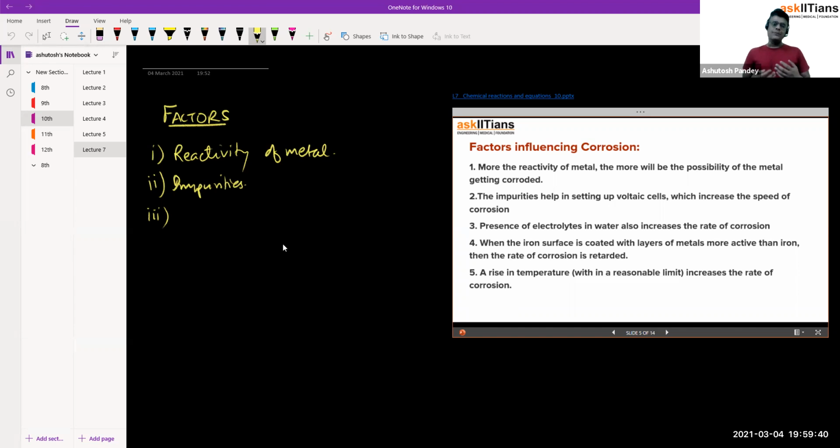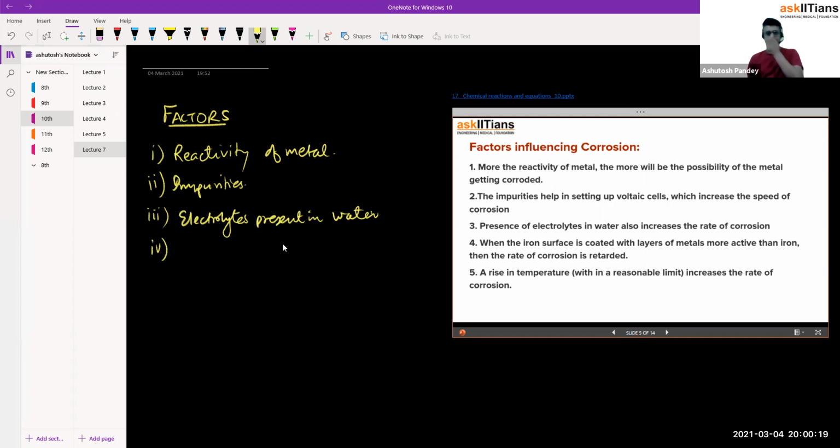When some salt or electrolyte is present in water, the movement of electrons will be very high, and due to this it will increase the rate of corrosion.